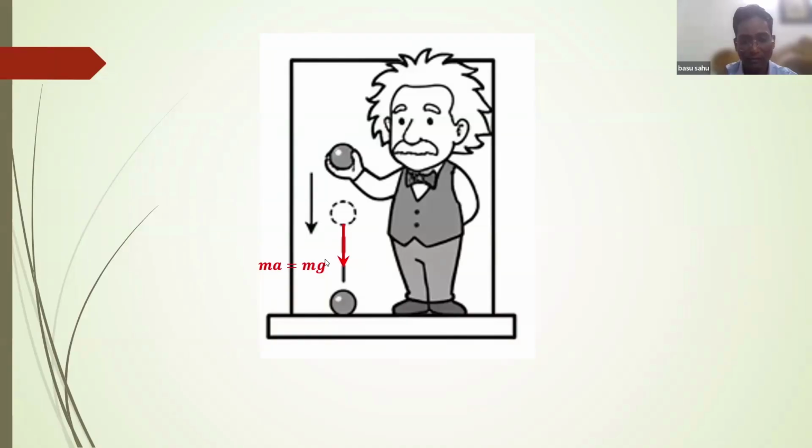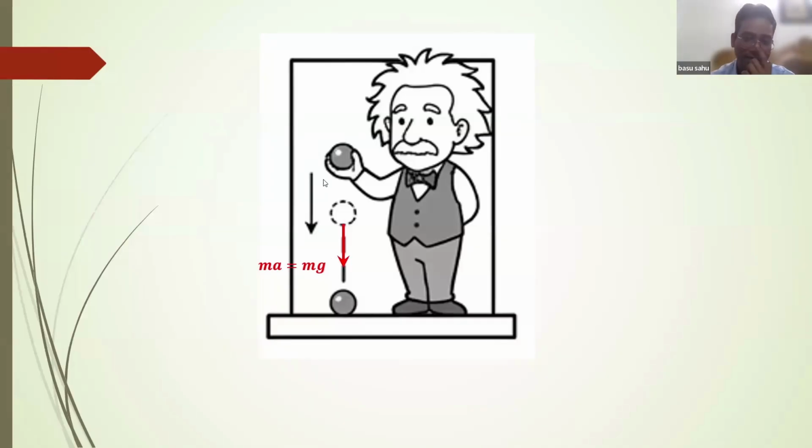Now tell me practically, in case 1, the force was gravitational force, the value was mg. In second case, the force is pseudo force, the value is mg. Can you differentiate both mg if you are doing some experiment? We cannot differentiate, because I really don't know.